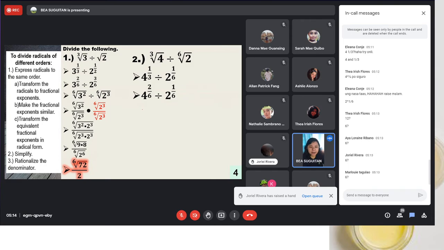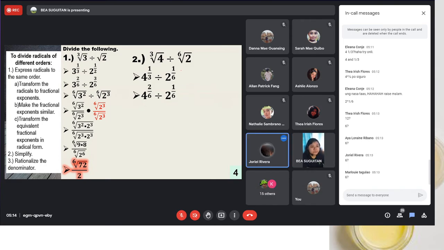Yes, Joriel. 6 root 4 squared. 6 root of 4 squared. Very good. That's correct. Okay? Nabulol ako. 4 raised to 2/6 is equal to 6 root of 4 squared. Very good, Joriel. How about 2 raised to 1/6?